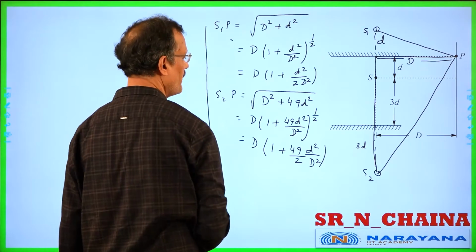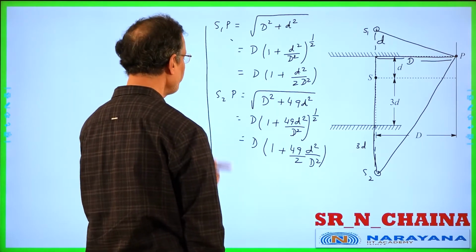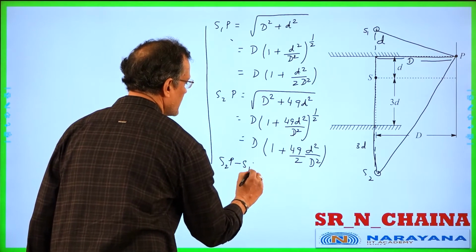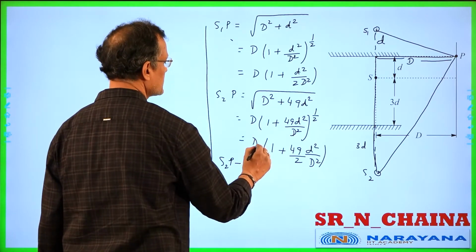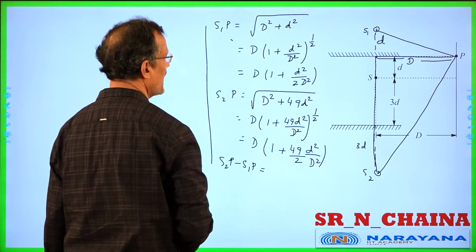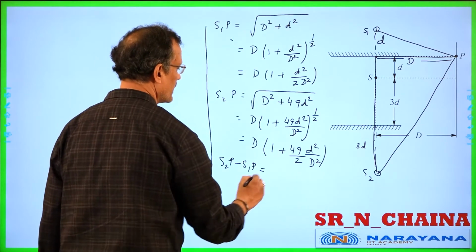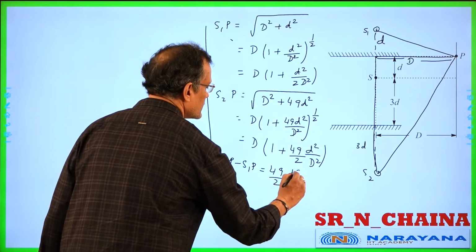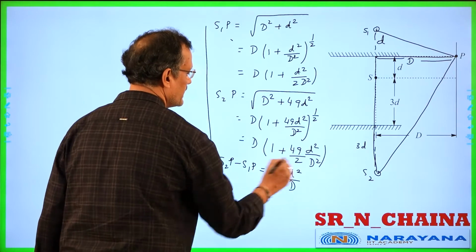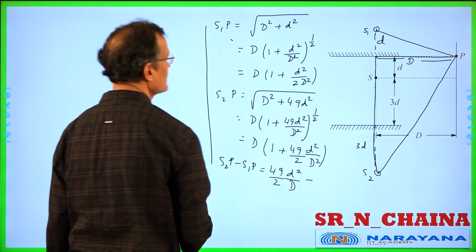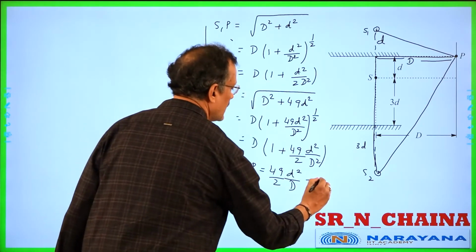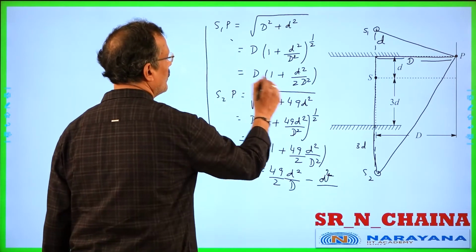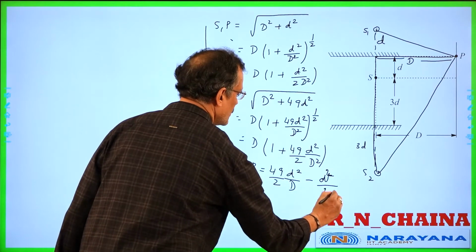Now, you want the path difference. If you take the path difference, then S2P minus S1P. So, this D and this D will be cancelled. So, here it will become 7D minus D, 6D. Then here you will have d squared by 2D, minus d squared by 2D times 49 and so on.